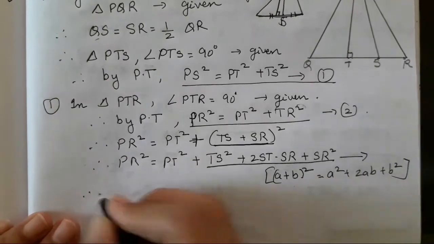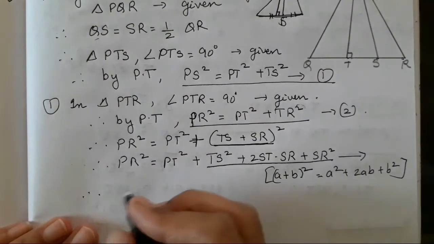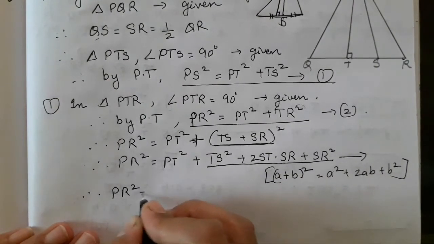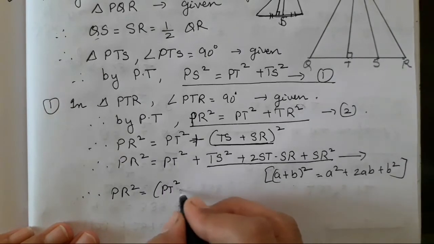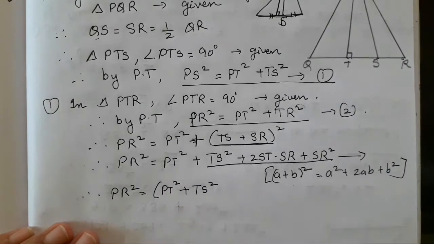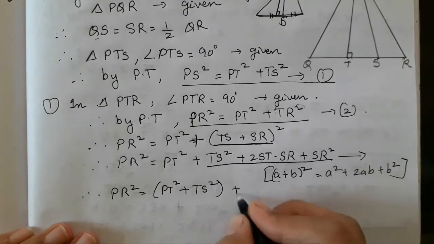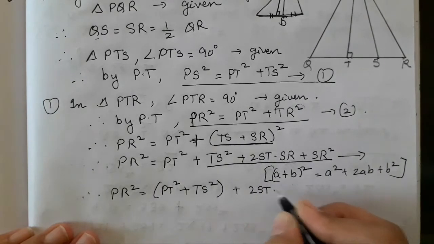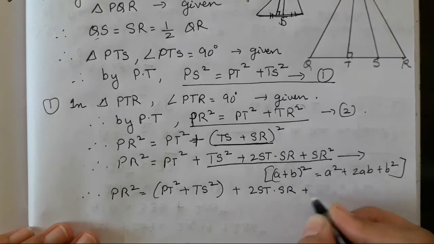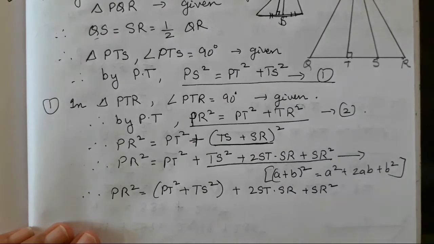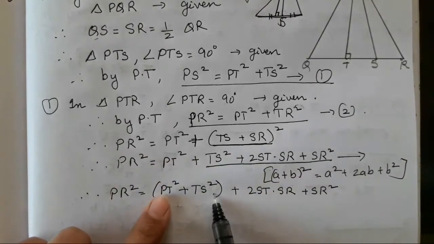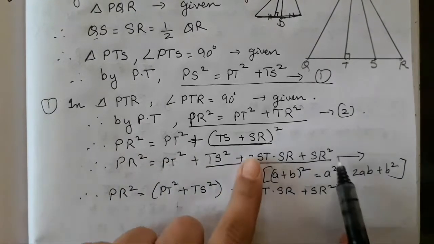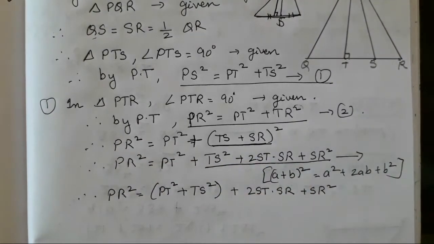Now after this, it's going to be very easy. After writing this, PR square is equal to PT square plus TS square plus 2ST into SR plus SR square. Okay, so what I have done is, I have taken these two into a single bracket, and the rest we have kept separately.